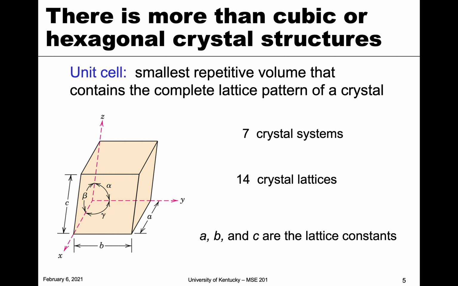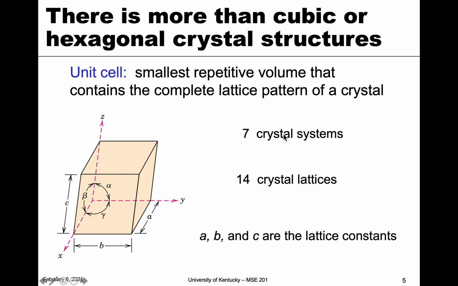And then there's angles, where gamma is the angle between the x and y, alpha is between the axes y and z, and beta is the angle between x and z. So those define the unit cell. So A, B, and C are the lattice constants, and we have angles alpha, beta, and gamma.